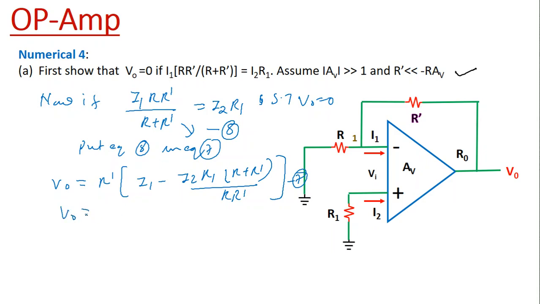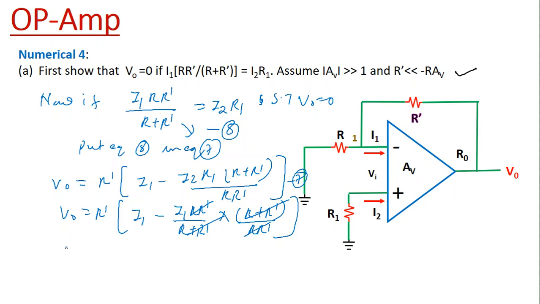So we get VO is equal to R dash into (I1 minus I1 R dash divided by R plus R dash) multiplied by R plus R dash divided by R dash. So this R plus R dash and this R plus R dash cancel out, and this R dash and this R dash cancel out. So what we get? VO is equal to 0. So this we have proved.